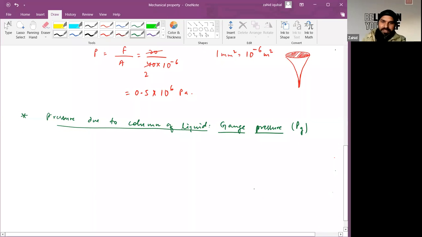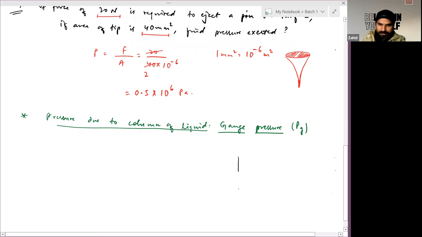Suppose you have a container or a vessel in which there is liquid up to this point.